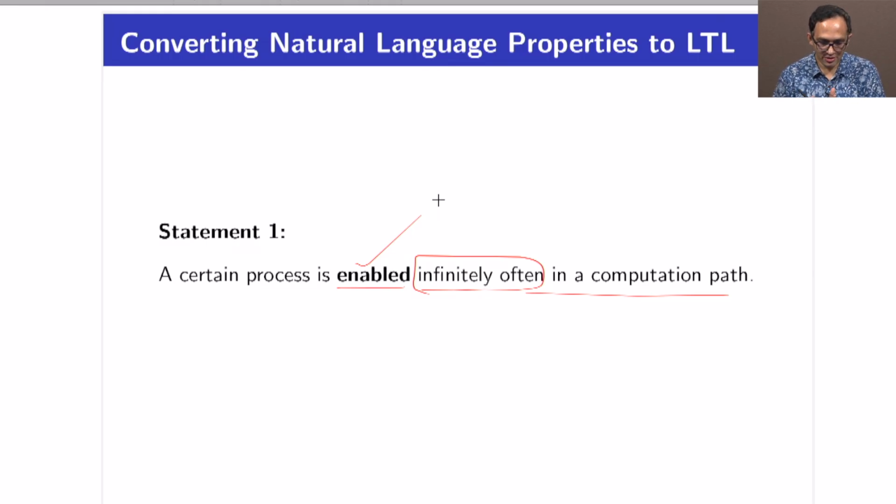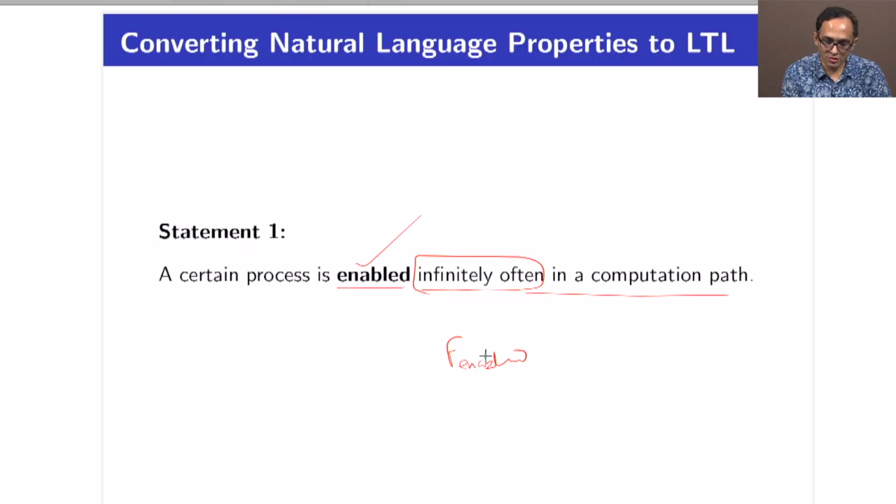So what does it mean? Infinitely often means enabled is going to happen infinitely often, which means if you are in some state, you will get some future where enabled will happen. Think about this: F is the future or finally, so F enabled means somewhere in future enabled will occur.